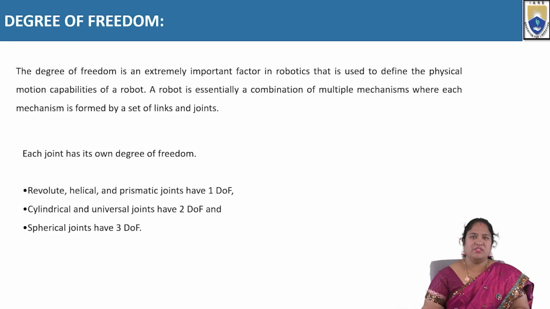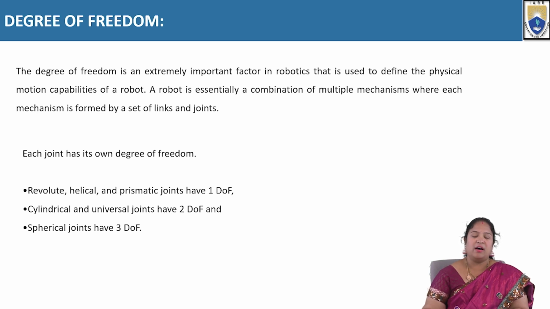What do we mean by degrees of freedom? Degrees of freedom is an independent term used for the independent movement of the wrist of a robot.